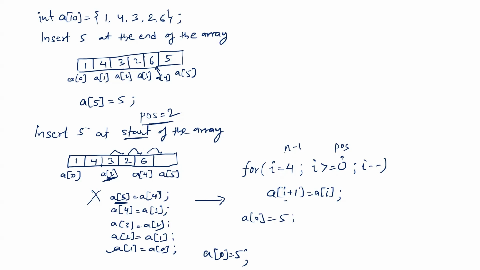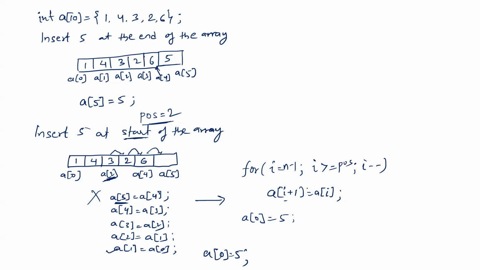According to that, we have 5 elements, and accordingly it should start from n minus 1, that is 4, I is equal to 4. So in this loop, generally it will be n minus 1. Here, it should be position. Position means the index in our case.